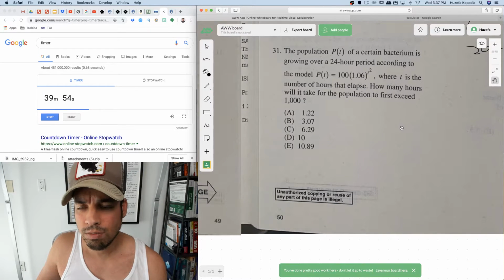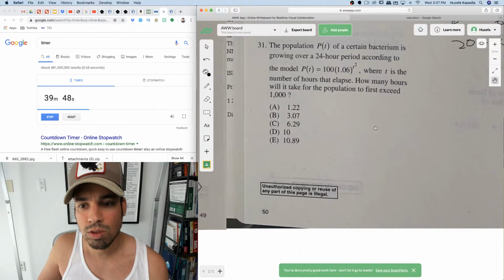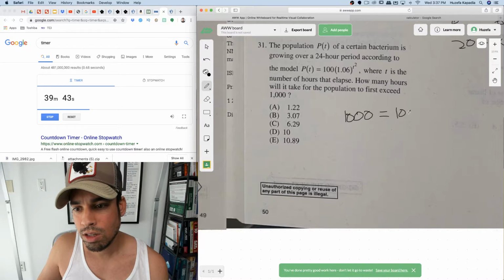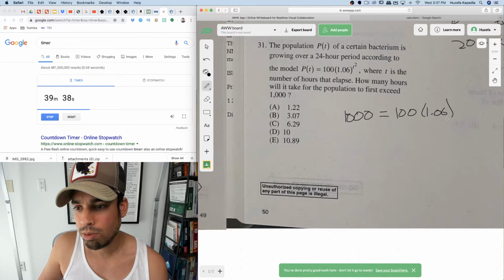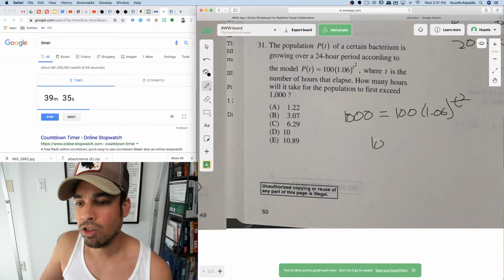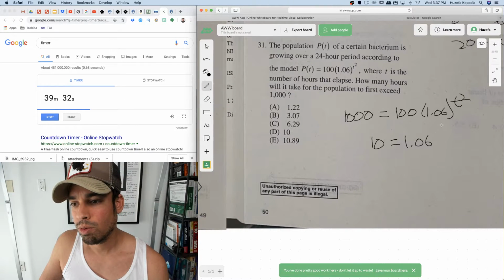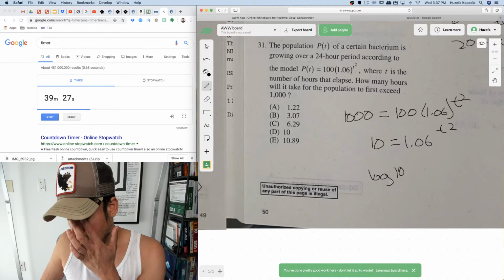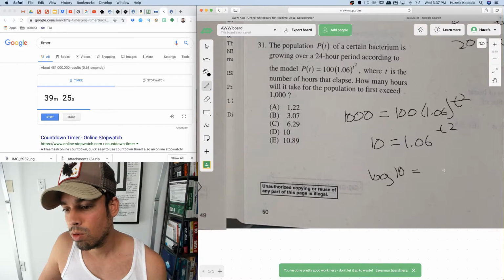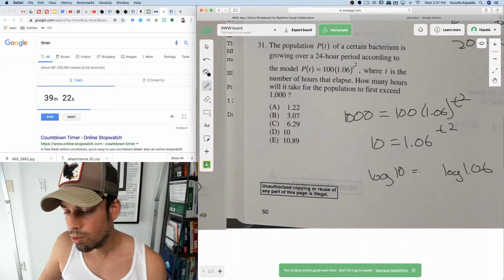The population P of t of a certain bacterium growing over a 24-hour period according to the model is this. How many hours will it take for the population to first exceed 1,000? So 1,000 equals 100, we're plugging in for population, times 1.06 to the t squared. Divided by 100, that's 10 equals 1.06 to the t squared. We'll take a logarithm of both sides, log of 10, and if it's base 10, that's just literally 1. Equals log of 1.06, and we bring down the t squared. Divide both sides by log of 1.06.